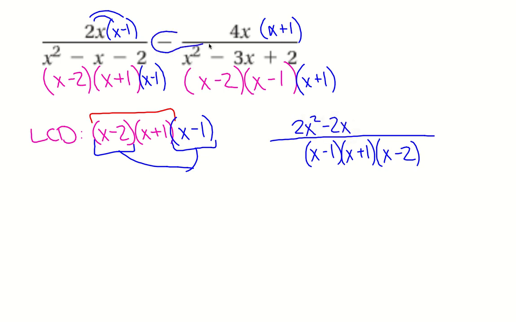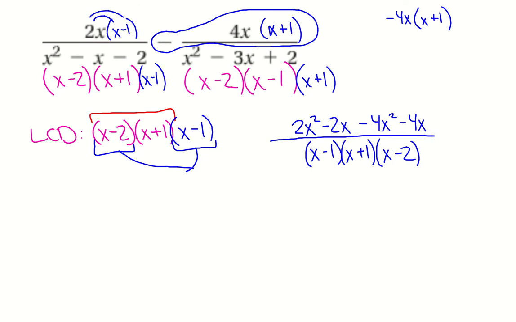Then again, remember that we are distributing the negative to the entire second term because we're subtracting that entire term. So that would be the same as thinking about that as minus 4x times quantity x plus 1, which would turn into minus 4x squared minus 4x.